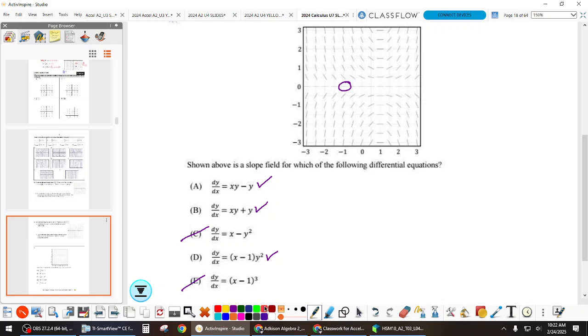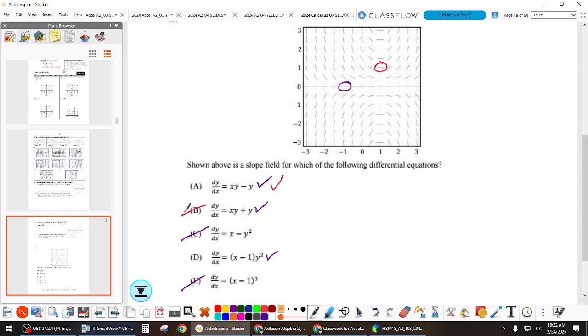Okay, and then maybe pick a different point. Like you said, 1, 1. So let's go see if that continues to work. Plug in 1 times, it still should be a 0 slope there. So 1 times 1 minus 1, that still works. 1 times 1 plus 1, that's now 2. So that's out.